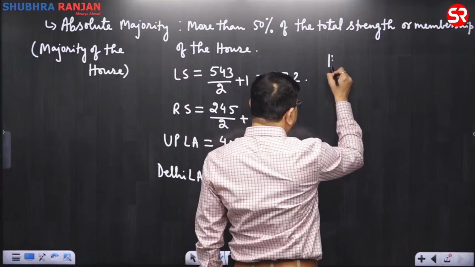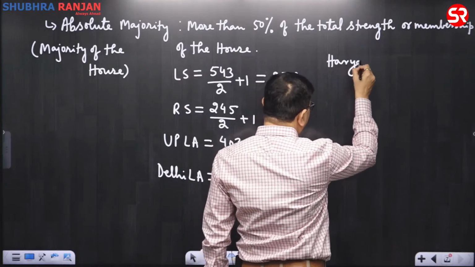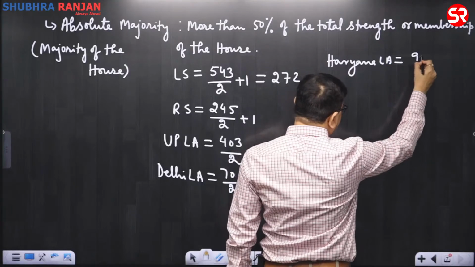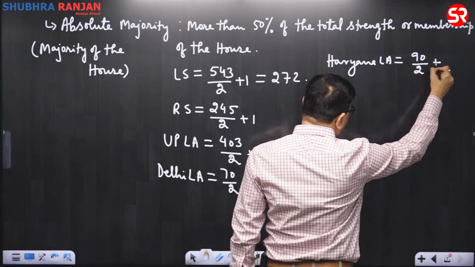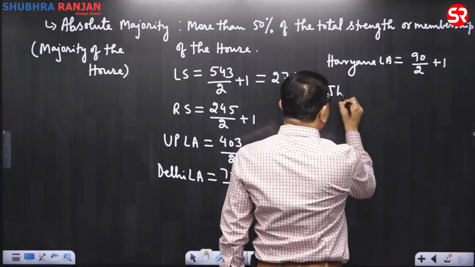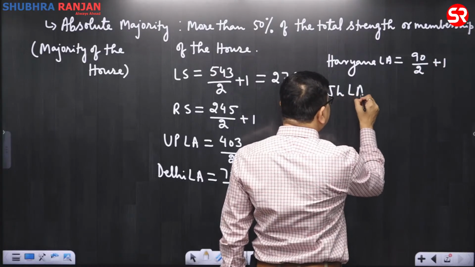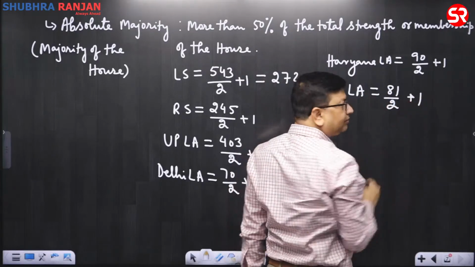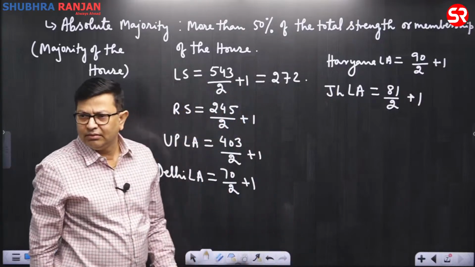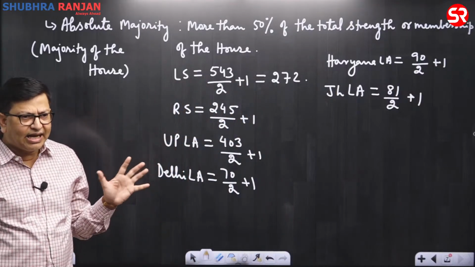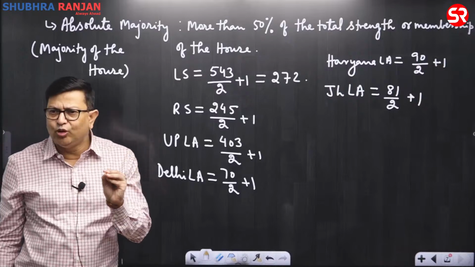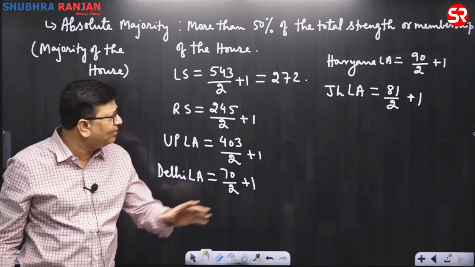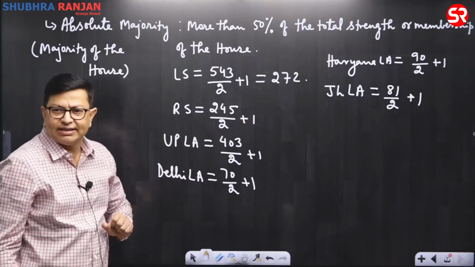In the Haryana Legislative Assembly, it will be 90 divided by 2 plus 1. In the Jharkhand Legislative Assembly, it will be 81 divided by 2 plus 1. It is fixed. In Rajasthan, it will be 200 divided by 2 plus 1, because the strength of the assembly is 200, or 90, 81, like this.